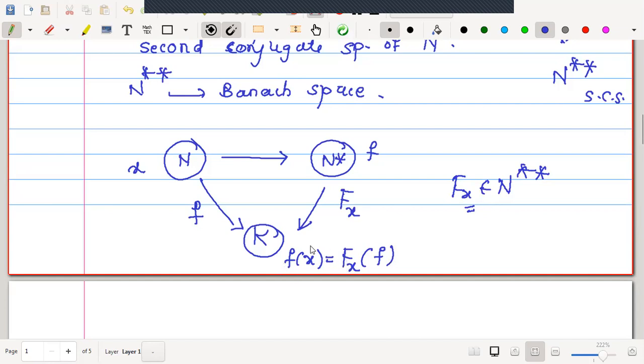Because capital F of f is equal to f of x. That is, the capital F image of small f is equal to f of x. Therefore, this f of x depends on x, so the image depends on x itself. That's why, instead of simply writing capital F, we write capital F with suffix x. Is the idea clear?